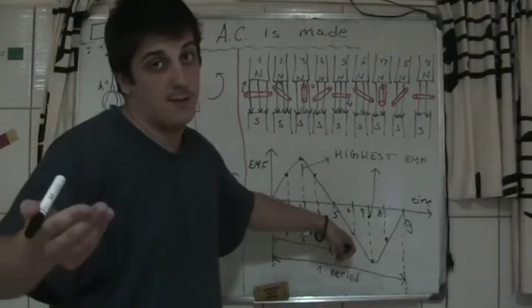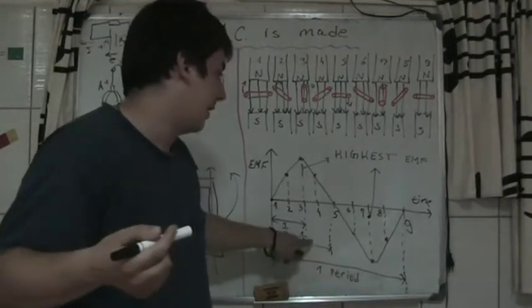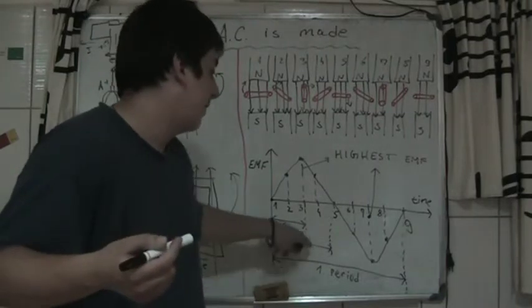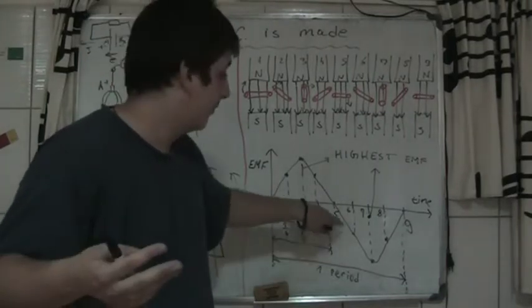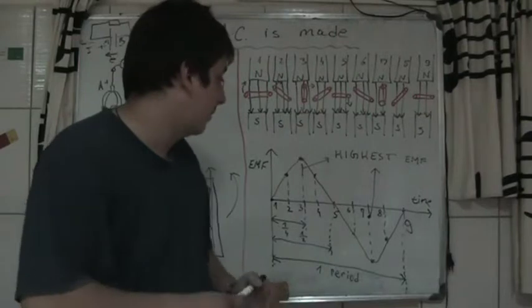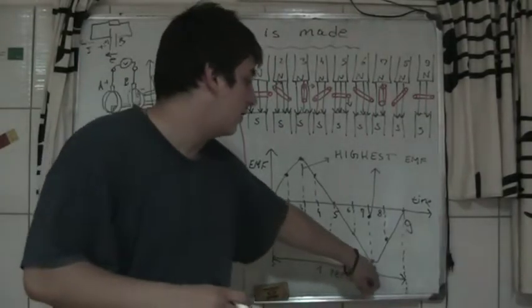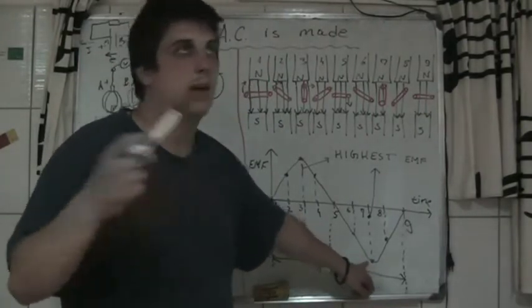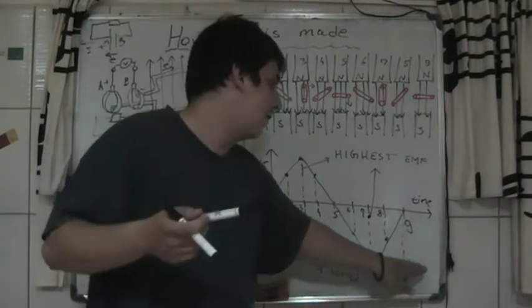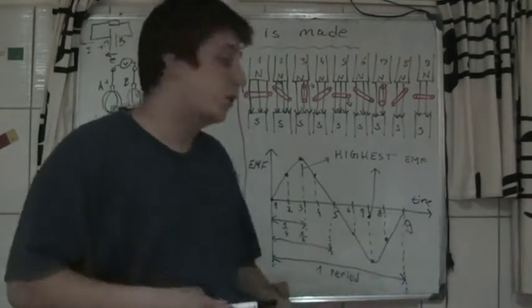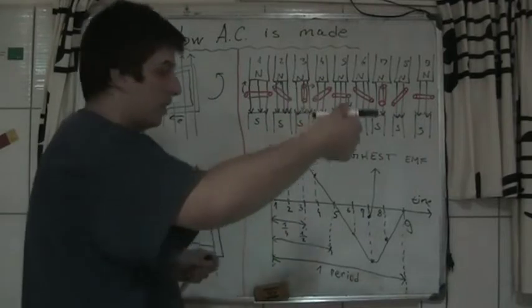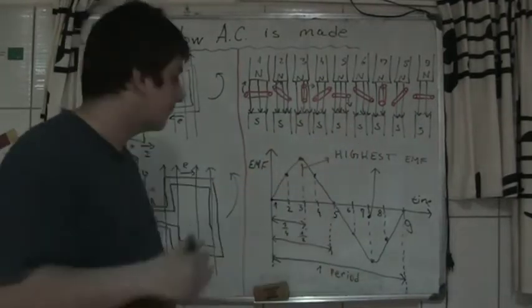At the half of the period, 1/2, as you can see, 1 divided by 2 is 1/2, you don't have any EMF. And at 3 divided by 4, and 1 period, you came to 0. So 1 rotation is 1 period.